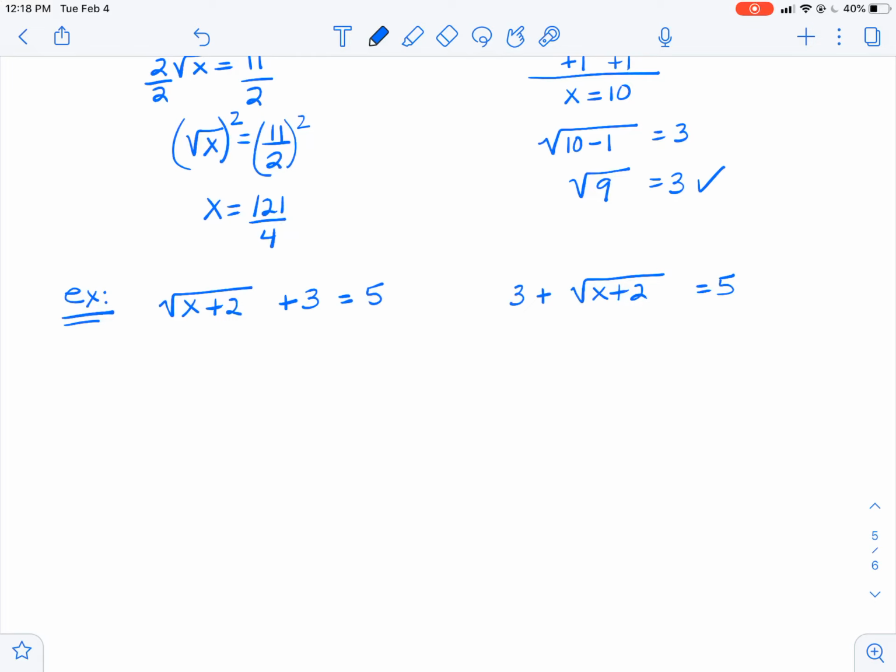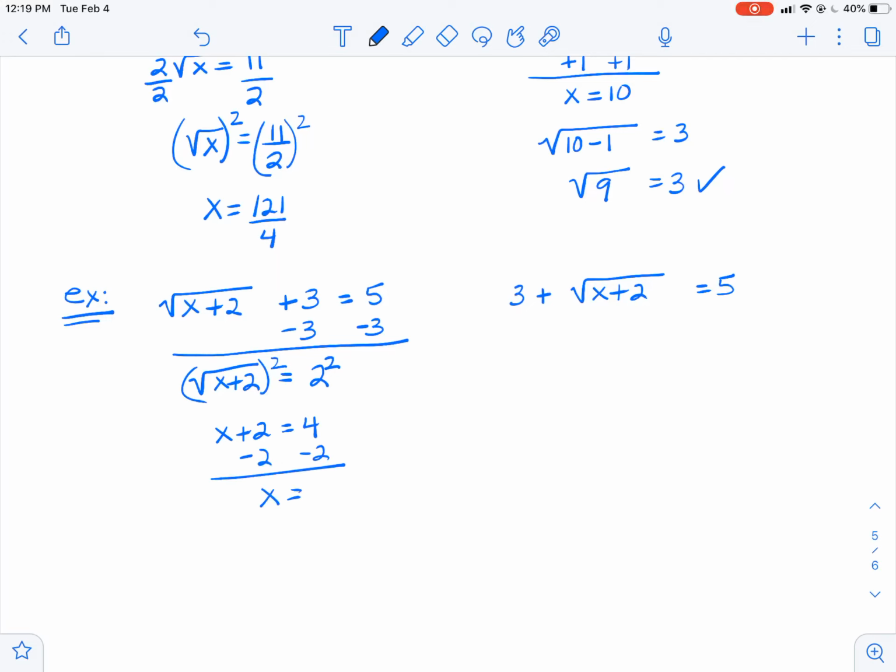So those are exactly the same problem, same steps on solving them. So you would minus 3. I'm going to square both sides. And then move my 2 over. And I'm done. And again, I could check that if I wanted to.